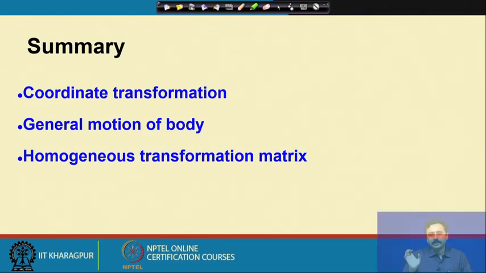We have looked at the construction of the homogeneous transformation matrix, and we have also looked at sequences of general transformations, and constructed the homogeneous transformation matrix corresponding to a sequence of transformations. So, with that I will close this lecture.